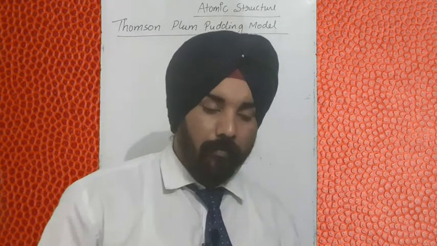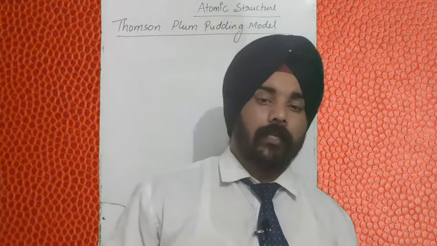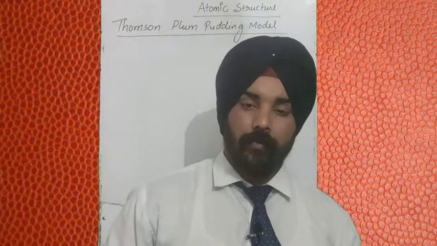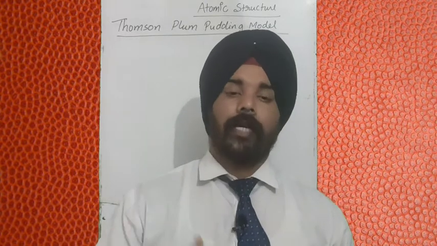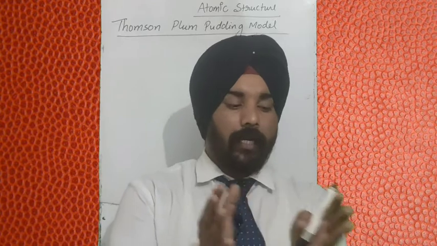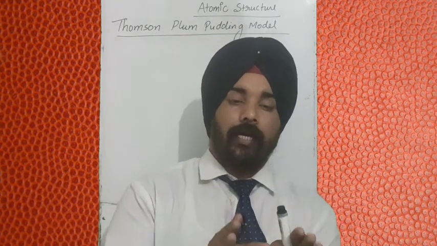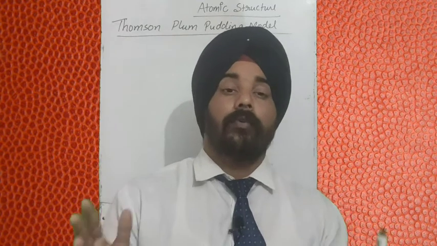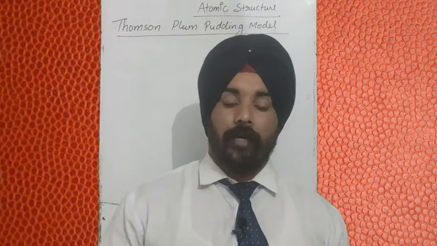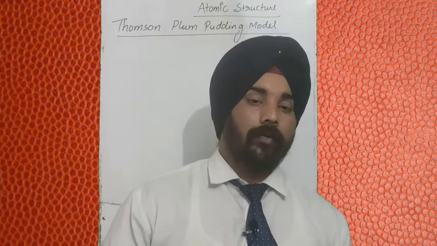Okay, two very important facts he revealed from this model. The first, the mass is uniformly distributed. And the second was that the total positive charge is equal to the total negative charge. That means the atom is electrically a neutral particle. Okay, so this was a very important fact. Till now we are considering that the atom is a neutral particle.